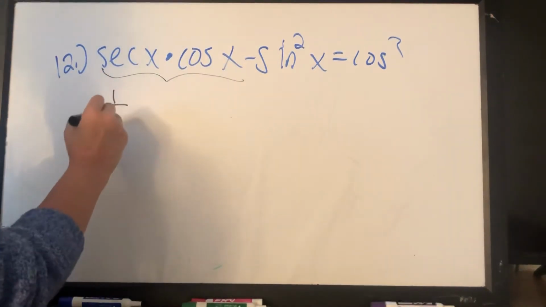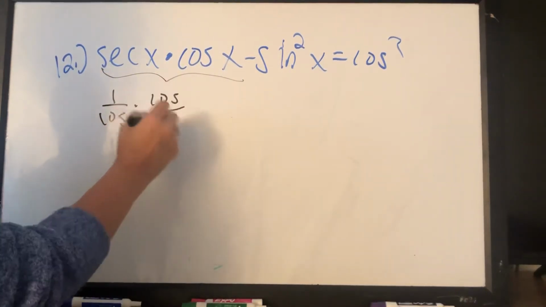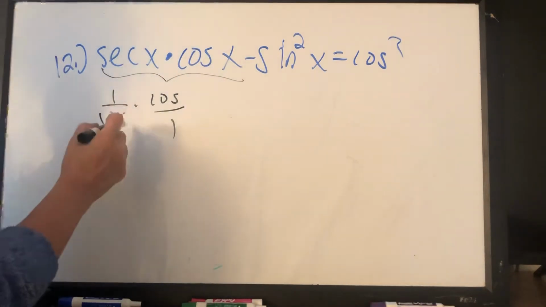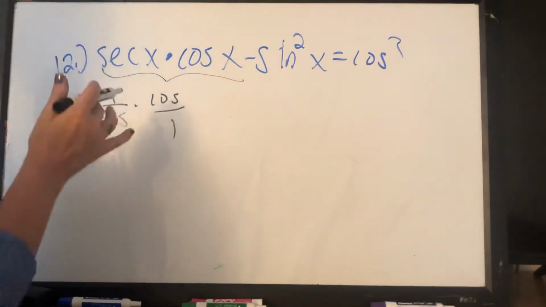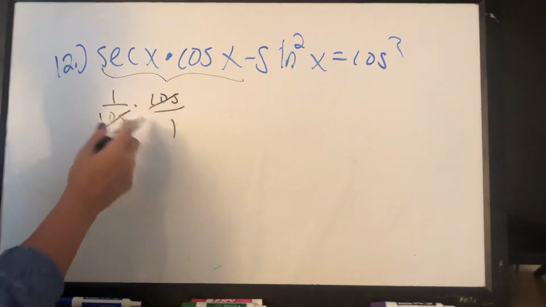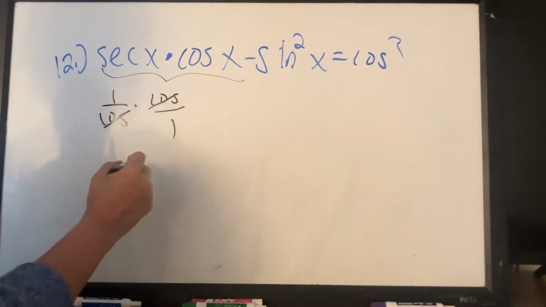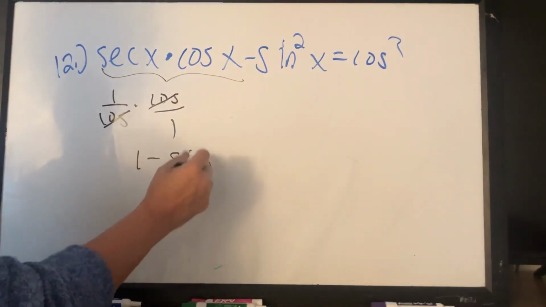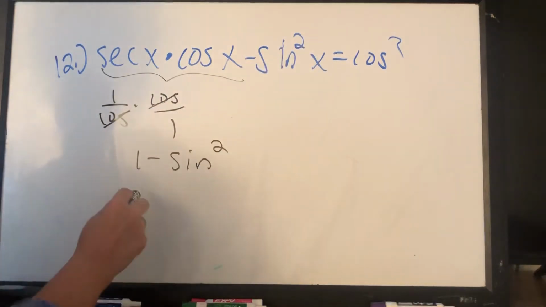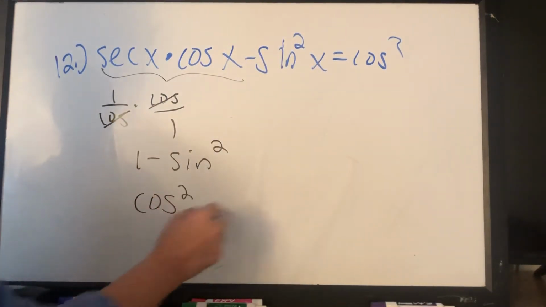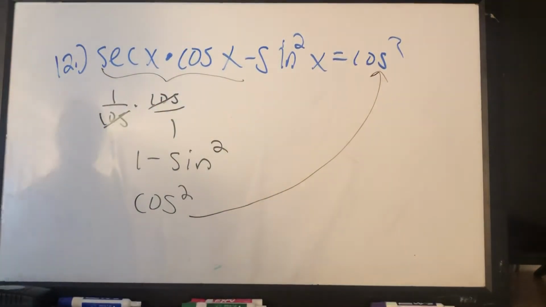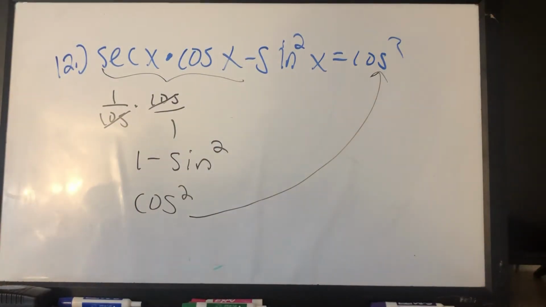So that's 1 over cosine times cosine over 1. So we can cancel those out. And what's left, guys? Not 0. Some of you keep doing that. Don't do that. Everything cancels, but you're left with a 1. So you're left with 1 minus sine squared, which is cosine squared. Okay, that was number 12.